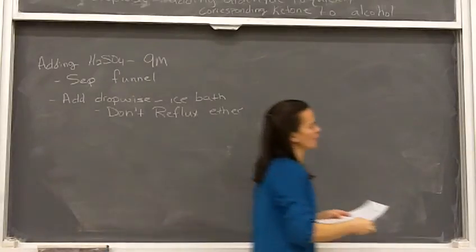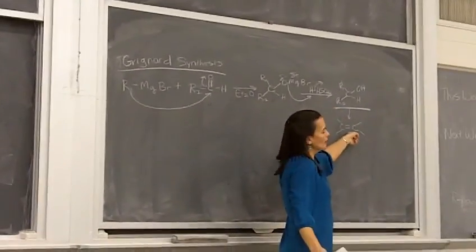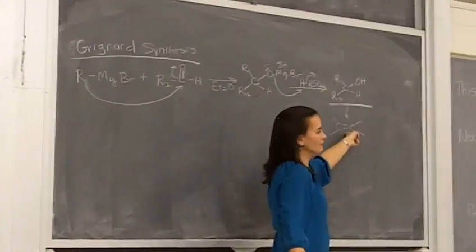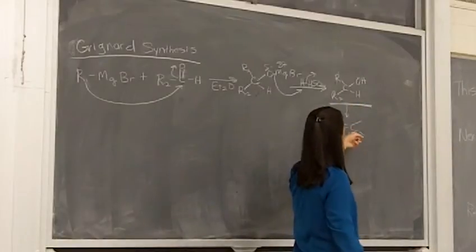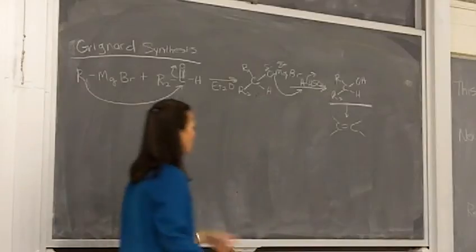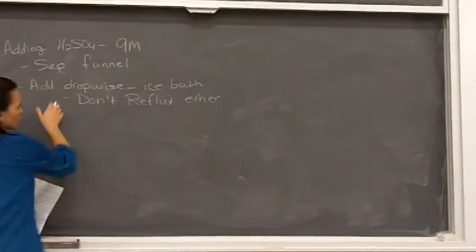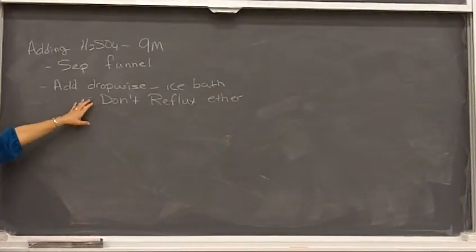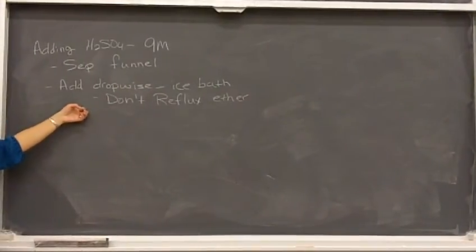Because the alcohol so easily can form an alkene, we can get water to eliminate, we'll dehydrate it and form an alkene. We've got to control the addition of the acid, so we don't want it getting too hot. So you're going to add it dropwise, keep it in an ice bath, and make sure you don't reflux the ether. Okay?